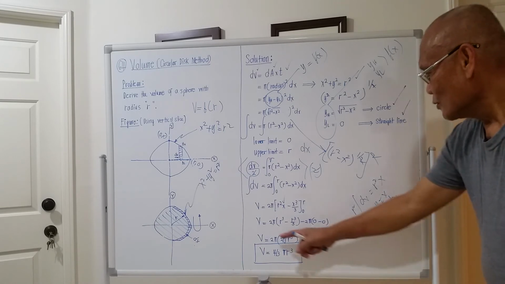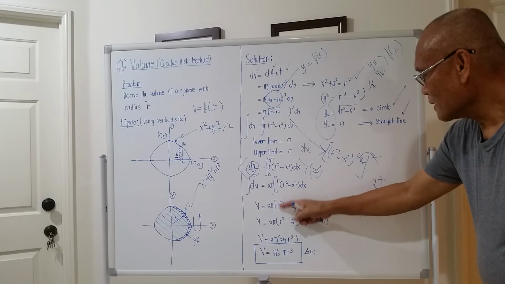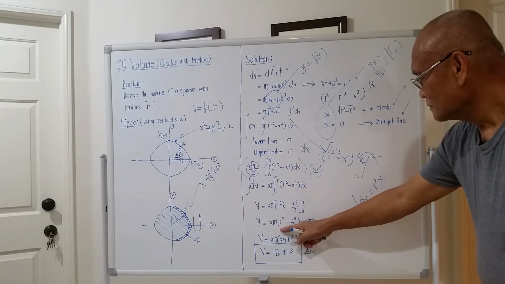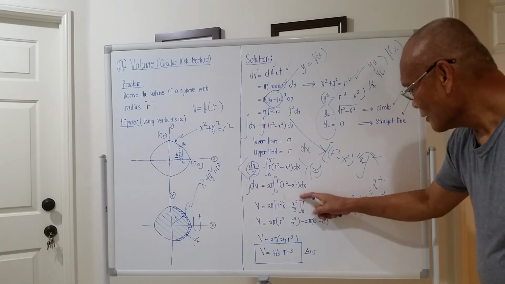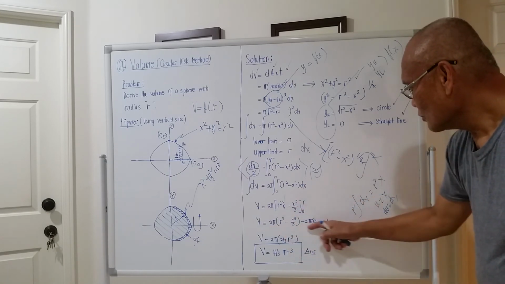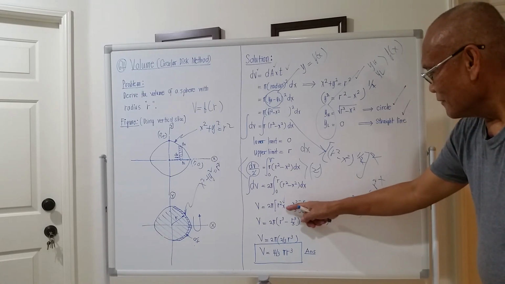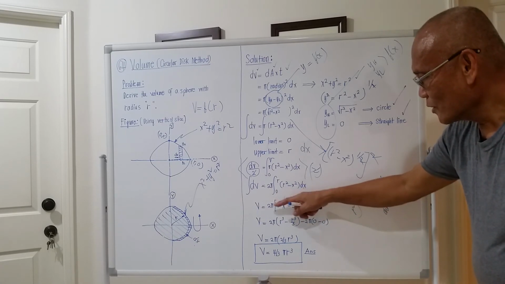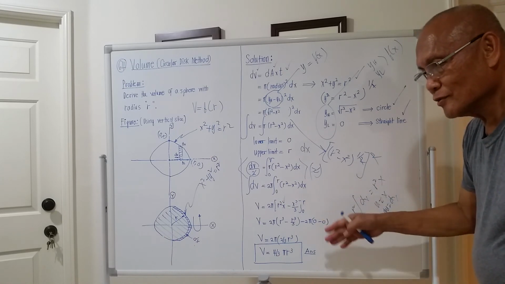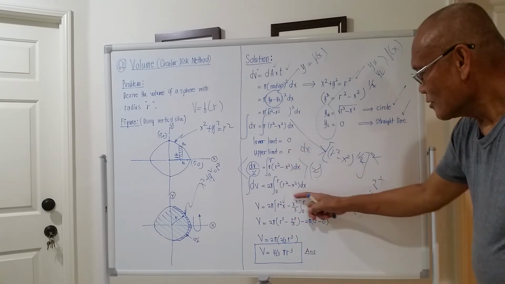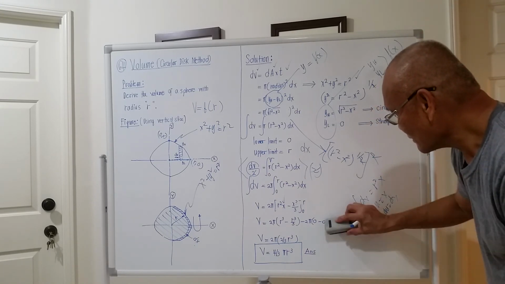Okay, 2 pi, we place down the upper limit. R square times r will be r cube. We replace x by r, so this will be r cube over 3, close quantity. I will repeat the 2 pi, open quantity. If x is 0, r squared times 0 will be 0. If x is 0 in x cube, 0 to the third power is 0. 0 over 3 is still 0, so this is minus 0. Actually, the lower limit has nothing to do with the final answer.